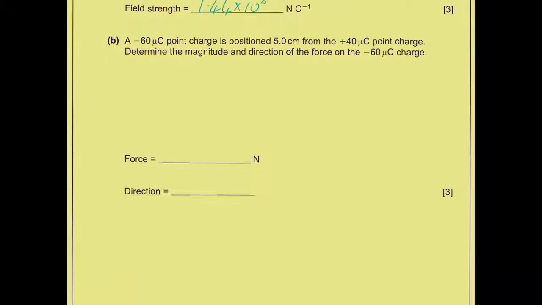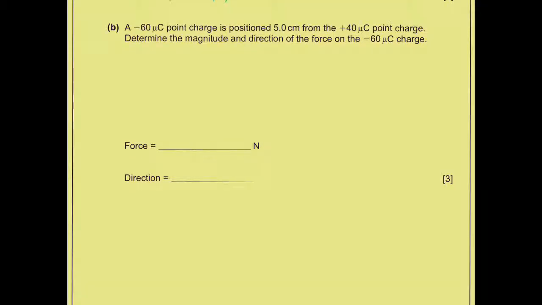Now we're told that a 60 microcoulomb negative charge is positioned 5 centimeters from the 40 microcoulomb point charge. Determine the magnitude and direction of the force on the 60 microcoulomb charge. We already have the field 5 centimeters away, so we're interested in applying that to the new charge that we've introduced.